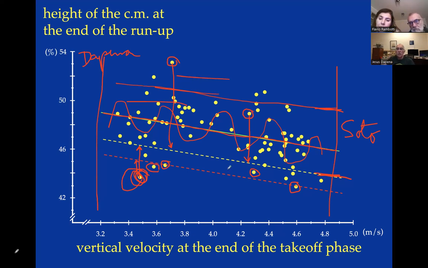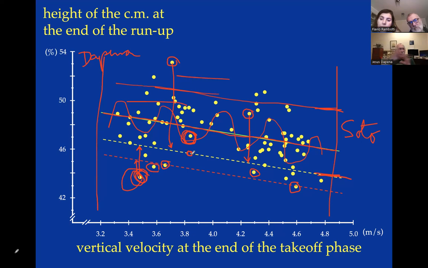For example, let's look at this athlete here. This athlete, we would normally say, no, you're too high. You should be in the yellow line. You should be around here. But when I look at this same athlete in the speed graph, maybe let's imagine that this athlete is one of the kamikazes.